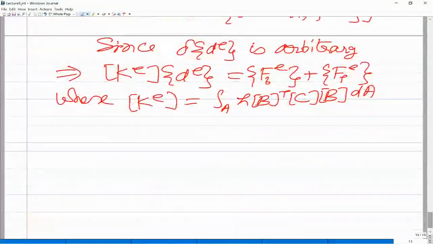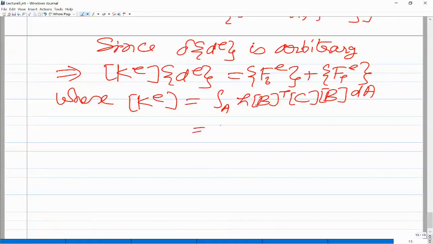And then, if you look at B, these are in terms of the derivatives of the shape functions, say N1, N2 and so on. So B will be a function of xi and eta. That means the quantity which we are integrating is a function of xi and eta.